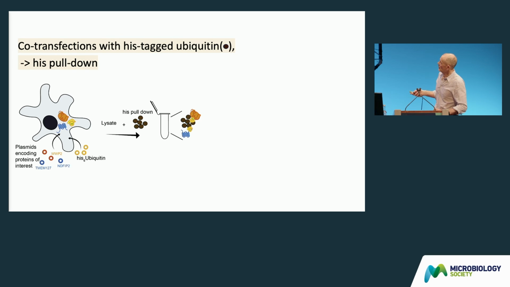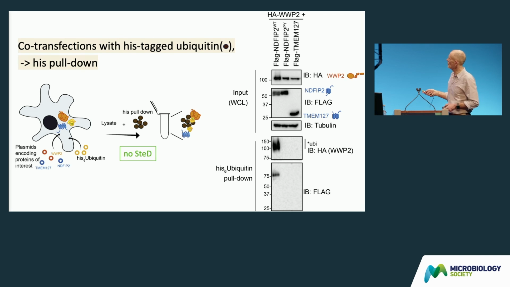And then after they've been allowed to interact and work, if they do work with each other, they are subjected to His pull-down and then immunoblotting. So in this first example, there's no STED. This is just the positive control to show you that in the presence of WWP2 and NDFIP2, we already know this activates WWP2, and in the His ubiquitin pull-down you can see activated, ubiquitinated WWP2.